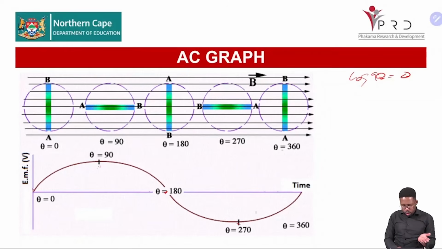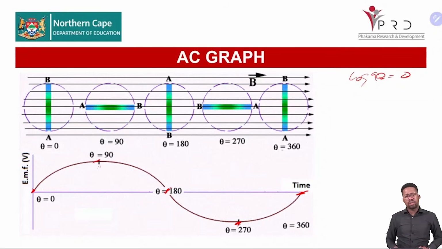Then the coil will rotate up until it is perpendicular. Then we're going to have zero EMF. So maybe a question can arise: how many complete cycles are demonstrated from this graph? For you to have a complete cycle, you must touch 5 turning points: 0, 90, 180, 270, 360. So this becomes one complete cycle.